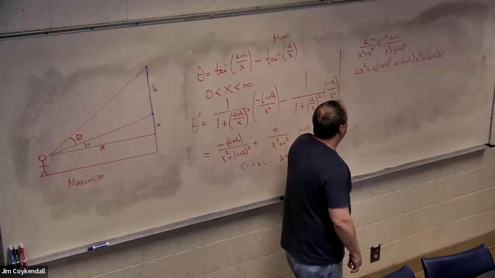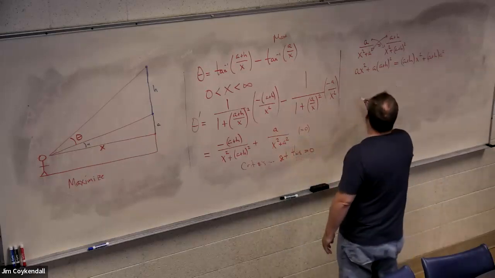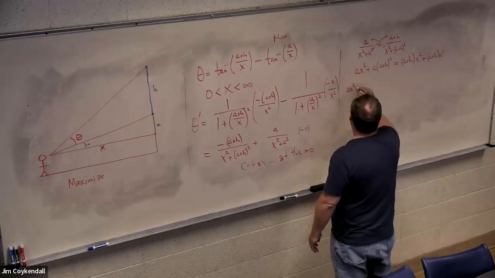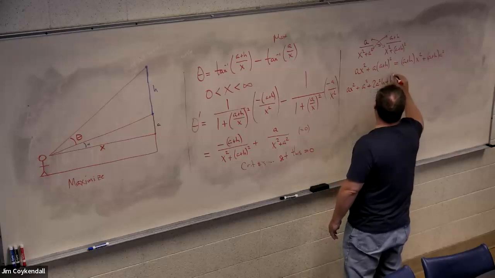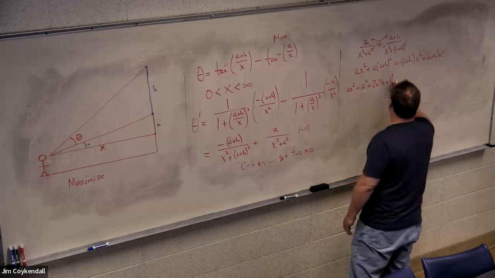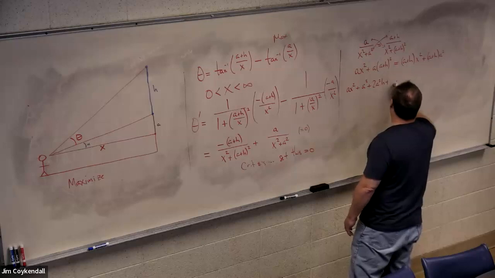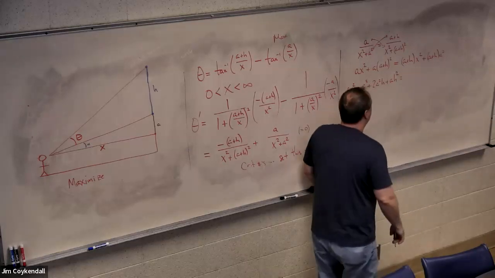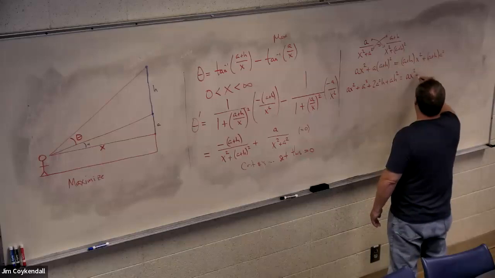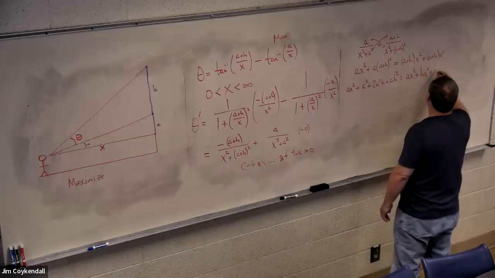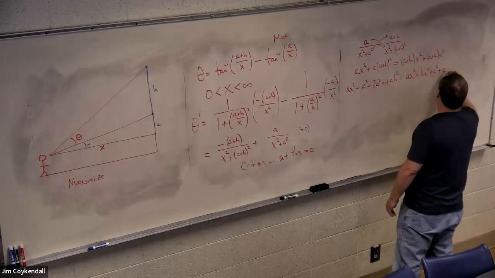And this requires this plus step out. This is a x squared. This is a squared times a. This is 2a squared h plus h squared a. And this is a x squared plus h x squared plus a squared plus a squared h.